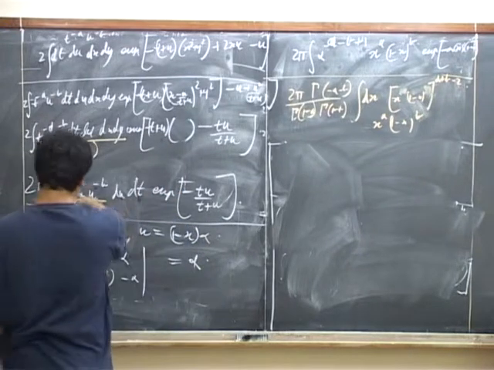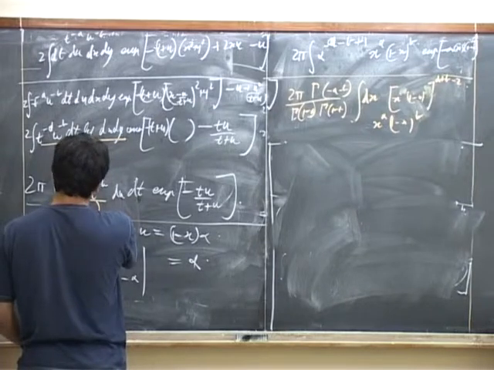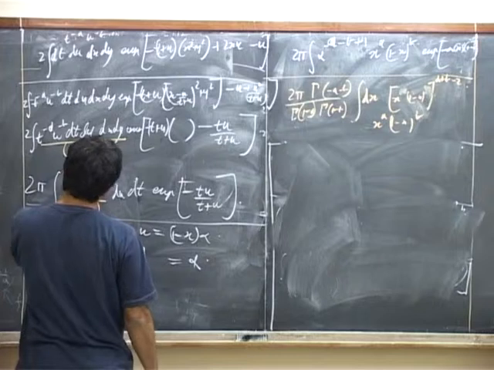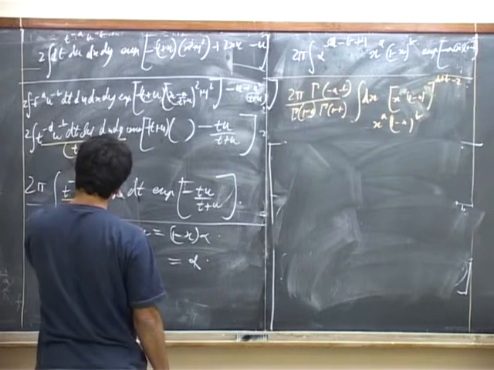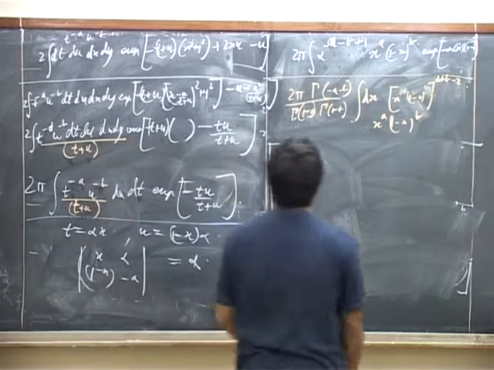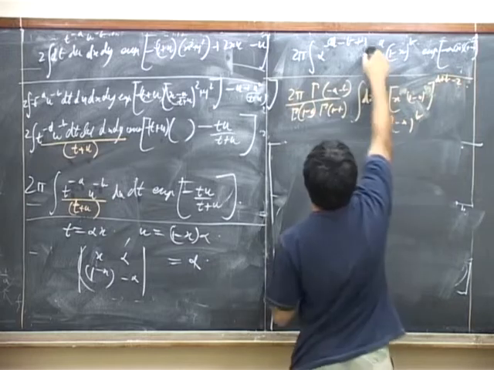So the powers of alpha we now get by homogeneity. It's alpha to the power minus a minus b. Sorry, there's no plus 1 here, but there'll be the d alpha.